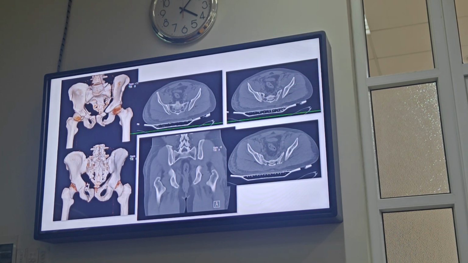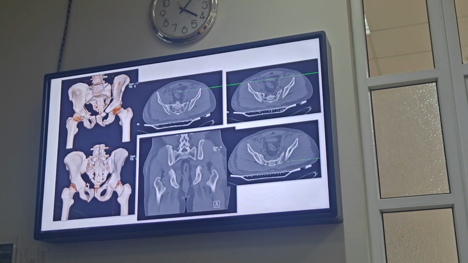You can see the SI joint is completely disrupted. If you look at APC2, which you were discussing, see the posterior SI joint, this side and this side, how big it is opened up. So this is a complete hemipelvis which is moving up and down.